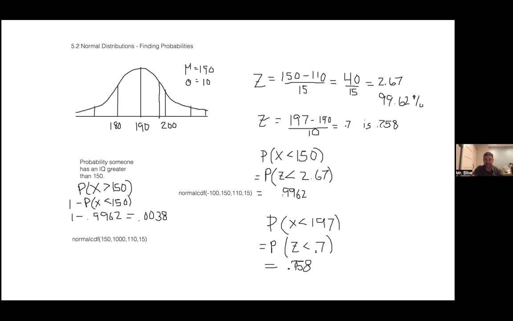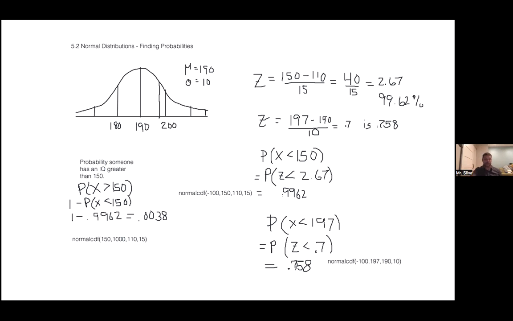That should give me that 0.758. But again, the calculator is going to be a little more accurate. This is why the calculator is really useful, a good shortcut. We don't have to calculate the whole z-score. We don't have to do all that mess. Find the area to the right: what percent of students scored higher than a 197?